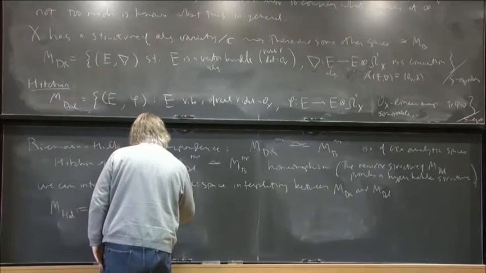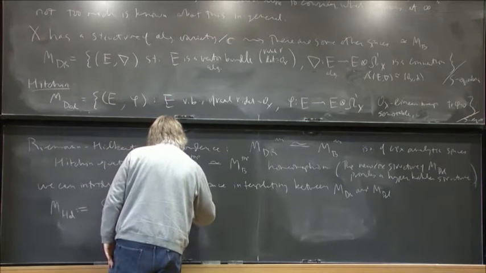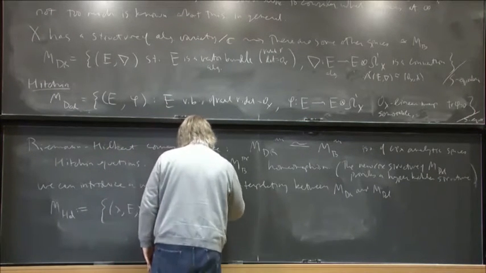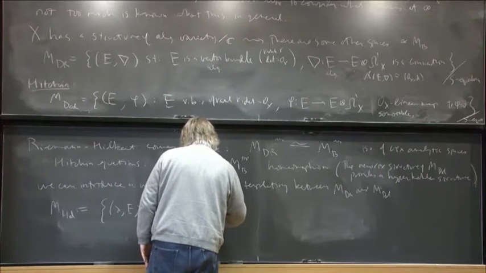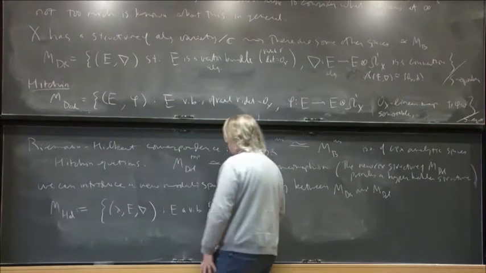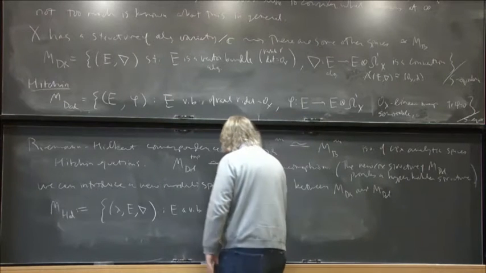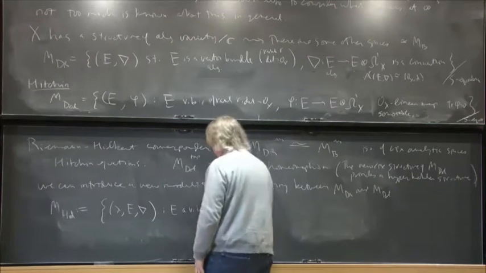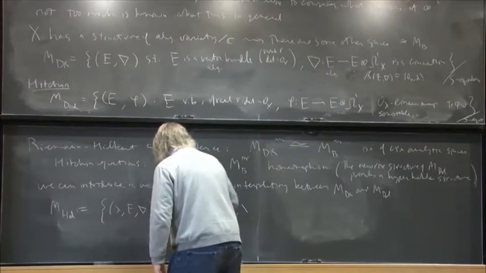Okay, so again, E is a vector bundle of rank r, with determinant trivial, maybe to start with, and lambda.